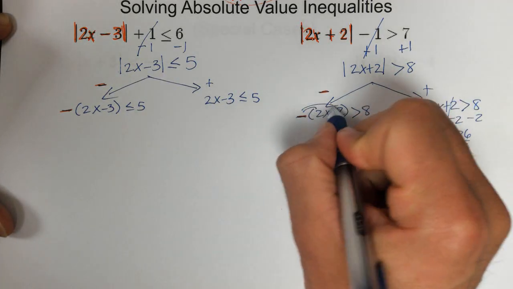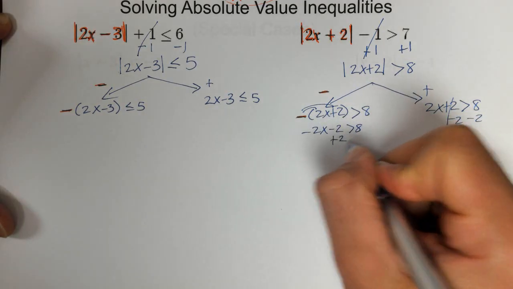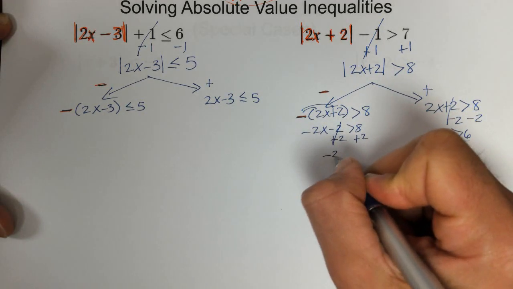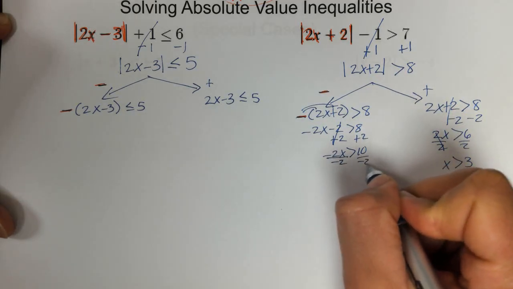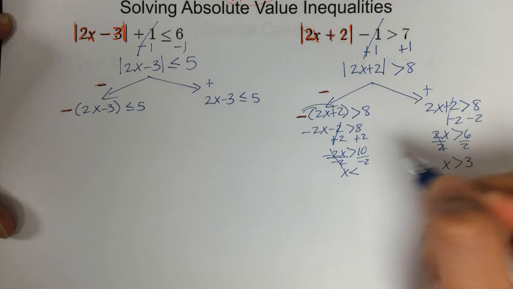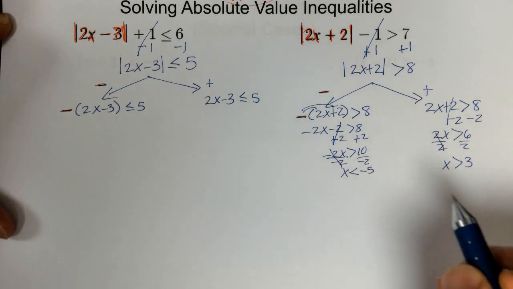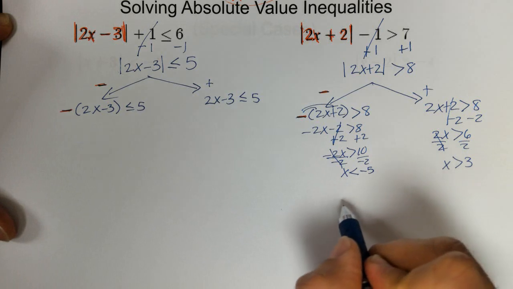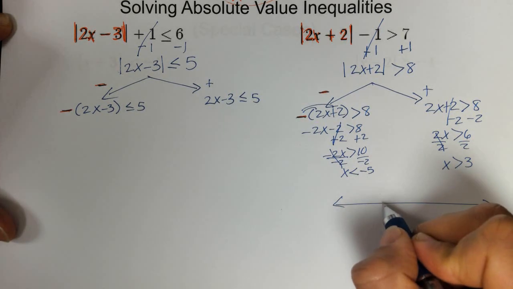Distribute the negative: 2x minus 2, move the 2 over, divide both by a negative 2. The sign is going to flip here every single time because we're dividing by a negative. And I can graph these. X is less than negative 5.